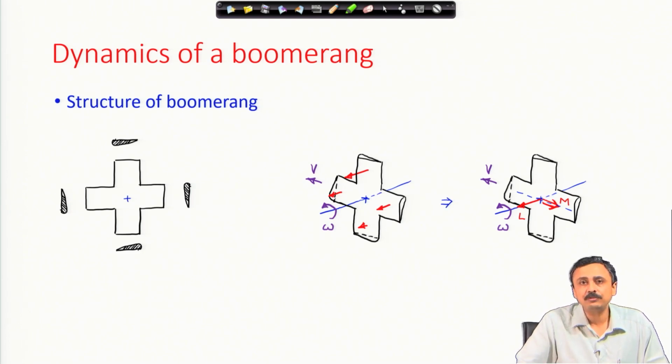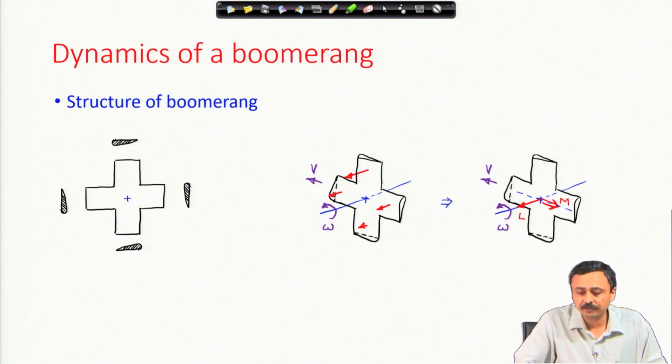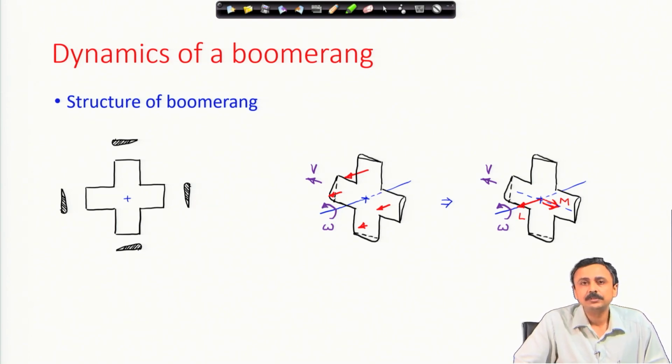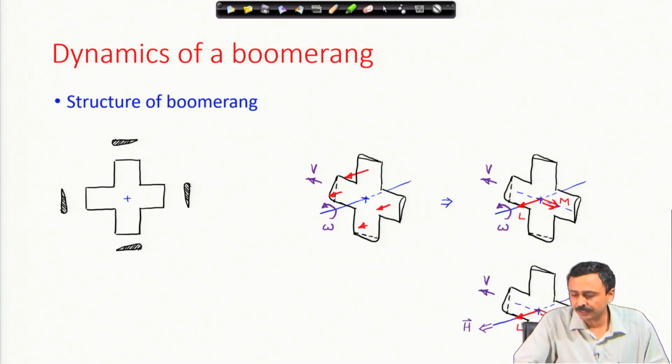This is the equivalent force at the center of mass of the boomerang. We have the total lift, which is the sum of these 4 lift forces, and there is a moment because of the moment arm, and different arms generating different lifts. So, we have an overall moment which I am considering to be roughly vertical.